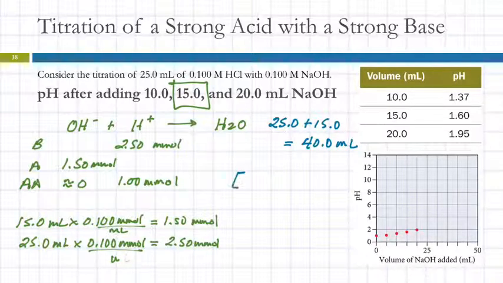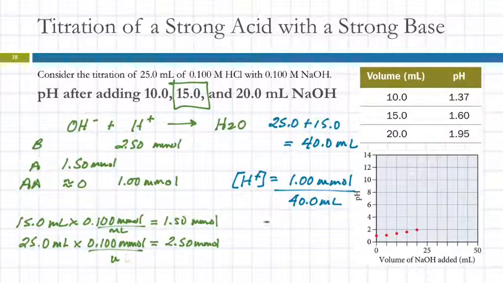So the hydrogen ion concentration then is the number of moles, so 1 millimole divided by 40 milliliters. It's got a 2 and a 5 in it. 0.025.